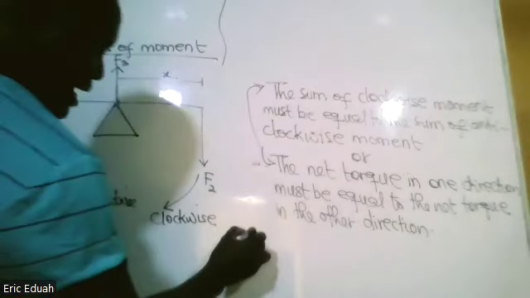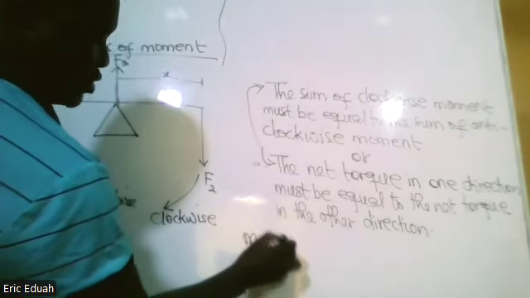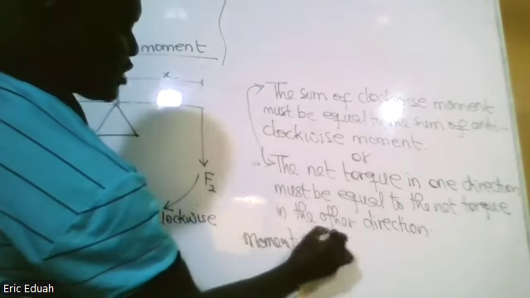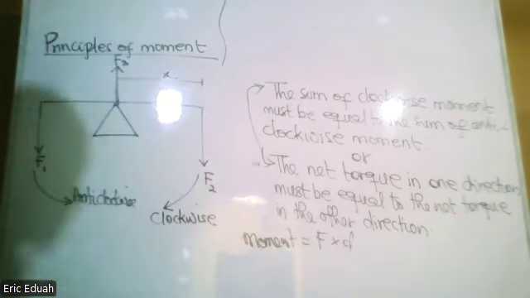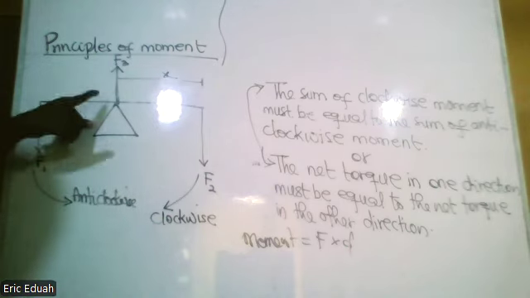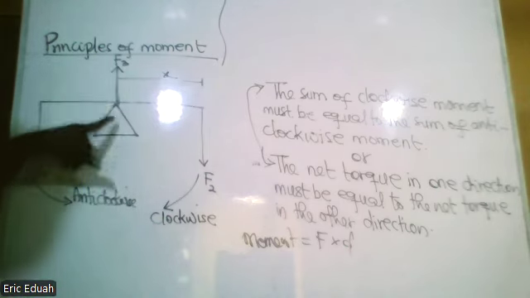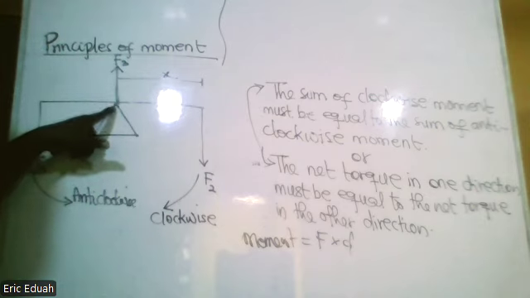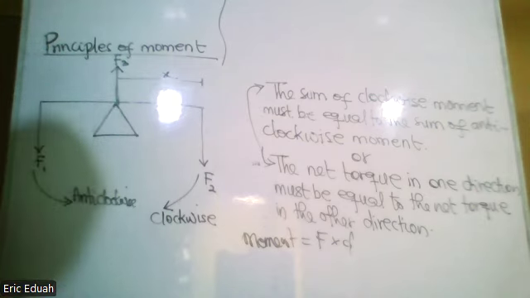The reason is that moment is equal to force times perpendicular distance. The force is F3, but the perpendicular distance from the pivot is 0.